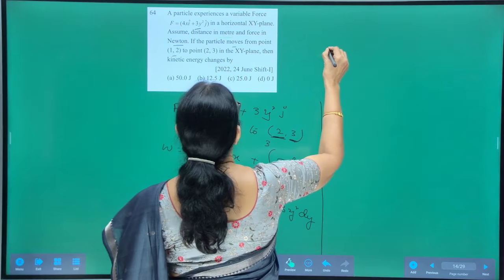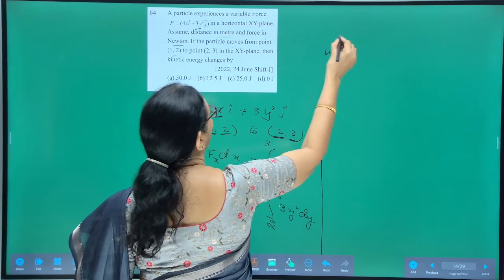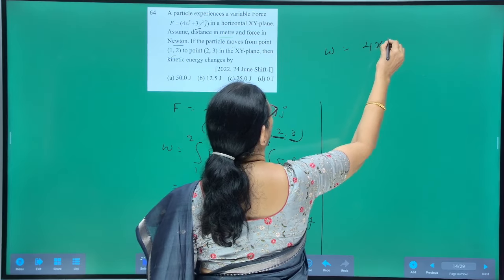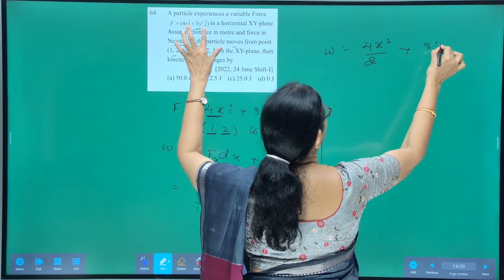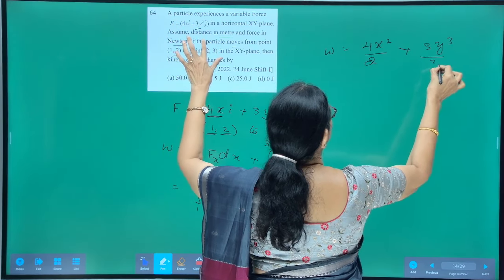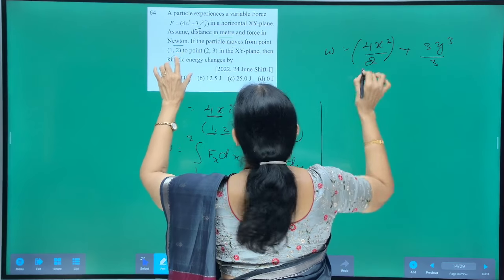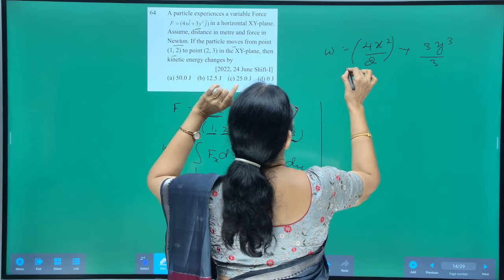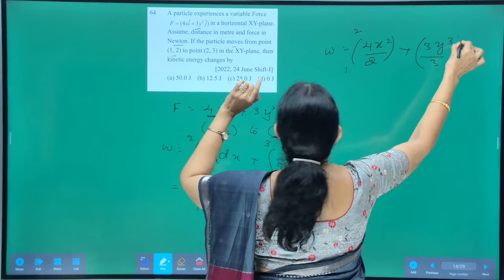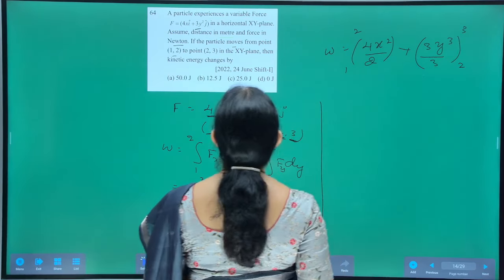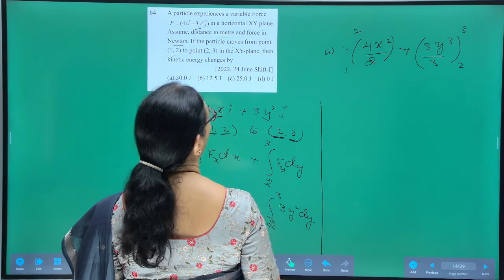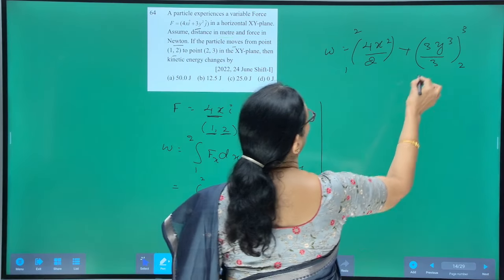See here, work done will be 4x square by 2 plus 3y cube by 3, and the limits are 1 to 2 for x, 2 to 3 for y. That's it. Okay, 4x square by 2, 3y cube by 3.